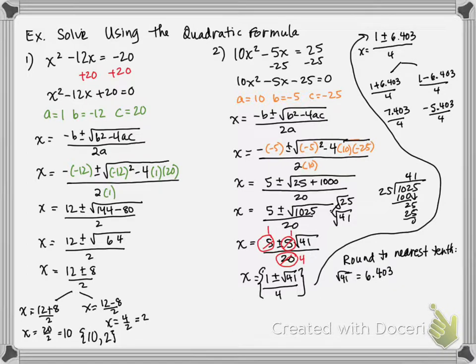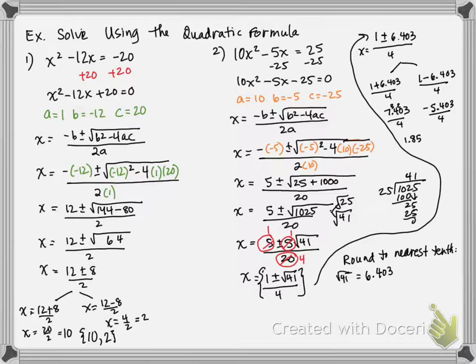Now 4 goes into 7 once with 3 left over, and then there's the decimal point. 4 goes into 34 8 times, which is 32, with 2 left over. And then 4 goes into 24 5 times evenly. And honestly, that's as far as I need to go.